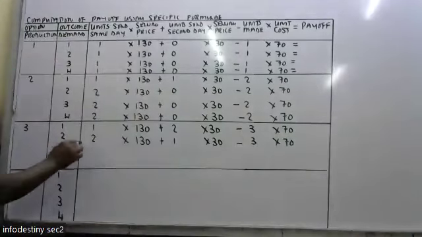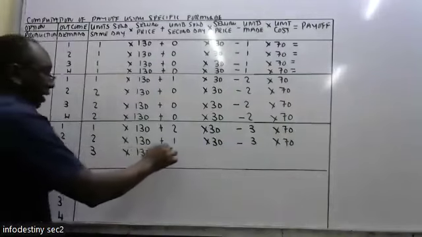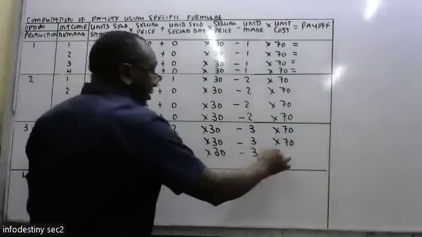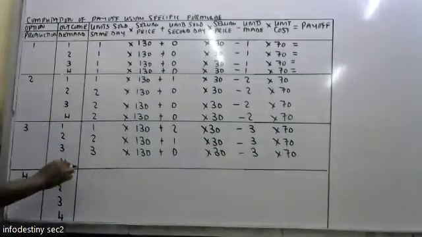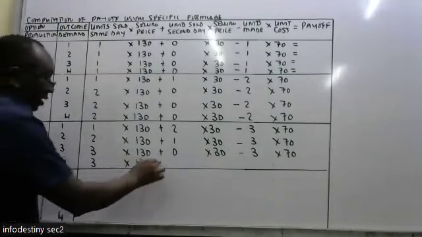If 3 customers come, you sell 3 at 130, 0 times 30, minus 3 times 70. Then, if 4 customers come, you still sell 3 because that is what you have, at 130.